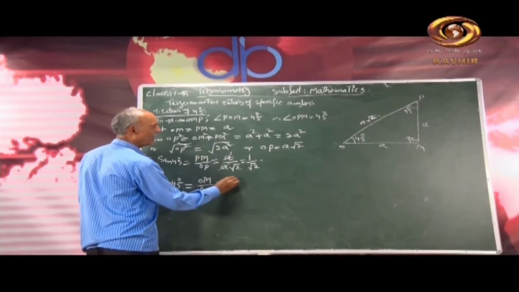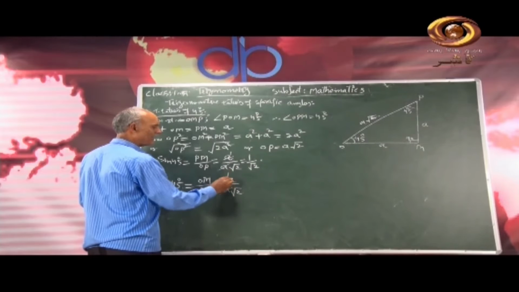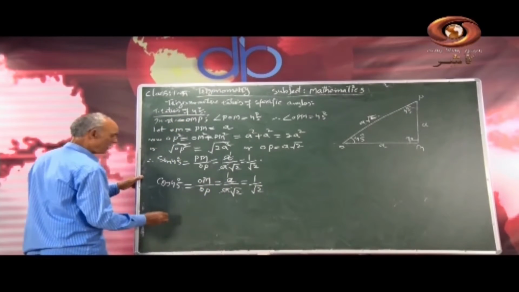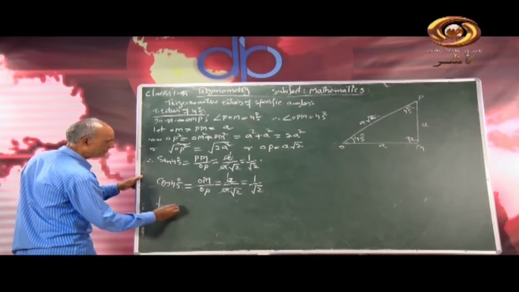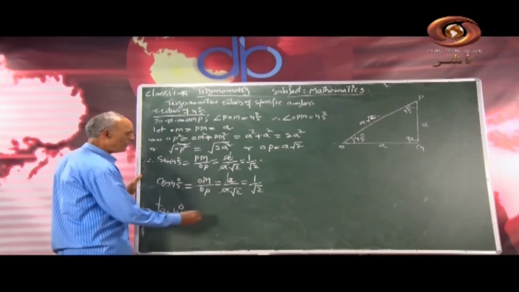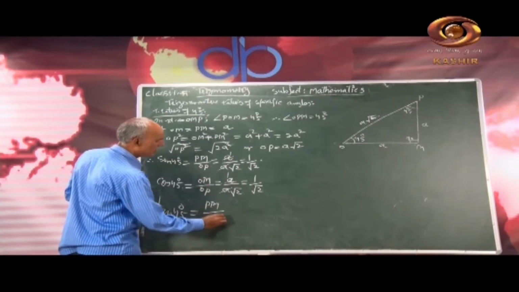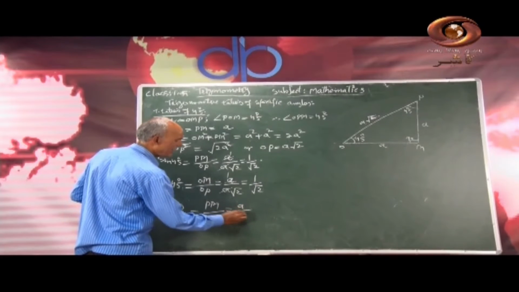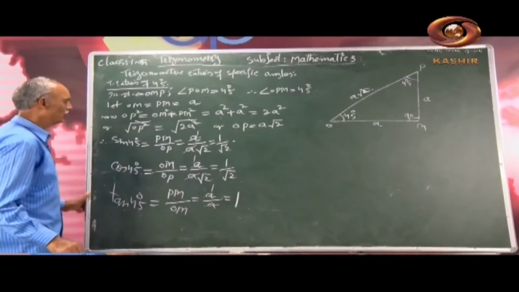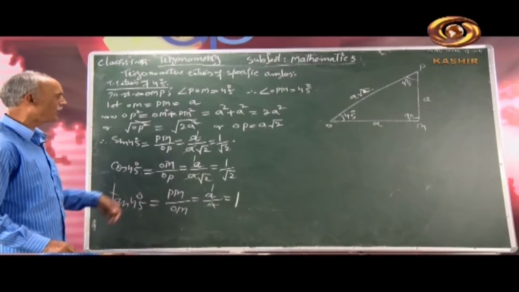OM is equal to A and hypotenuse is equal to A under root 2. A and A will cancel out, we will get 1 by under root 2. Tan of 45 degree, tan means perpendicular by base, and perpendicular is PM and base is OM. So it is A by A. These two will cancel out, we get 1. So sin 45 is 1 by root 2, cos 45 is 1 by root 2 and tan 45 is 1.